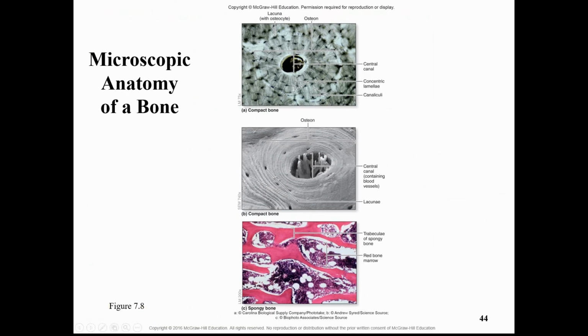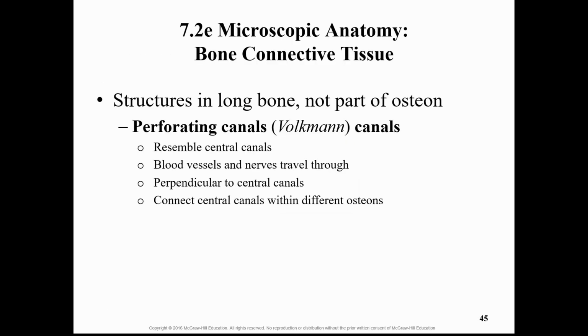And then our central canal is used to route both arteries, veins, and nerve endings. As the central canal runs the length of the bone, we get little perpendicular canals called perforating or Volkmann's canals that jet out to the side, and it's just another way to run more blood vessels and more nerves throughout the entire volume of the bone.